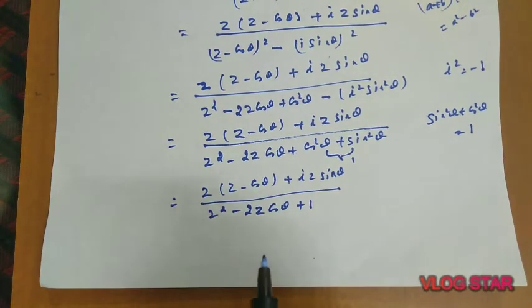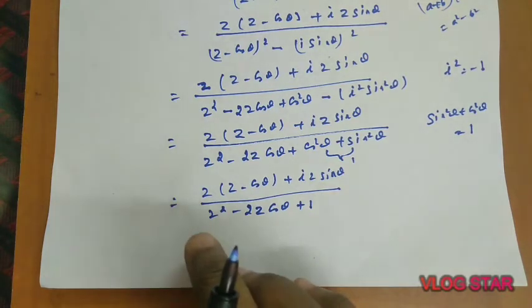Now what is our left hand side? Left hand side is z of cos n theta plus i sin n theta.